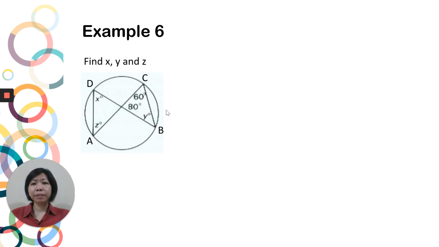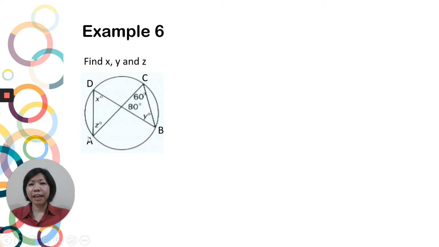The last example, now we have three variables, x, y, and z. Can we solve them in order? Let's start by finding the value of x. Can you figure out the size of x?